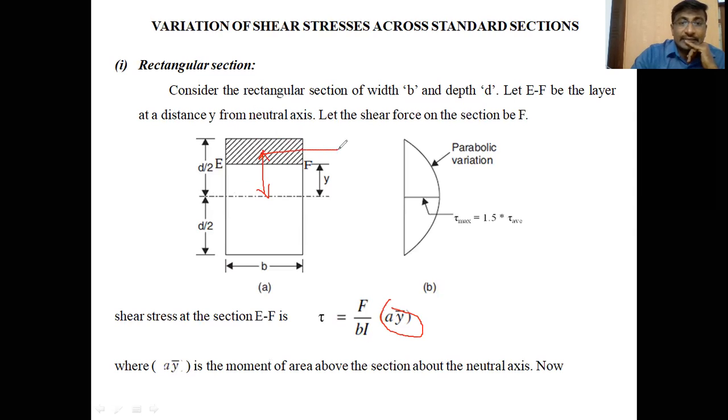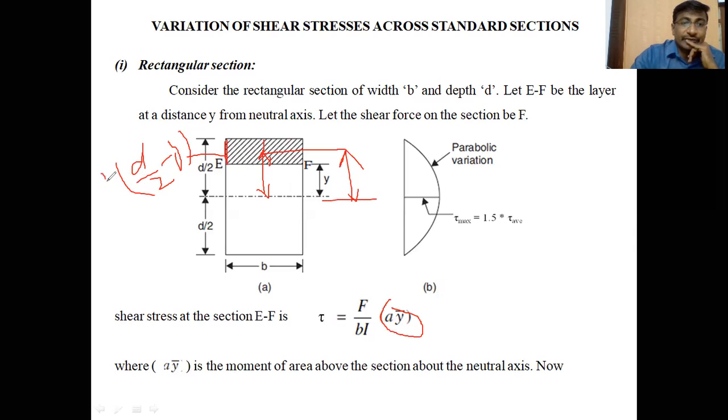So what is this distance? Y bar is the distance of the CG from the neutral axis. This height is d by 2 minus y. Where is the CG located from the EF level?